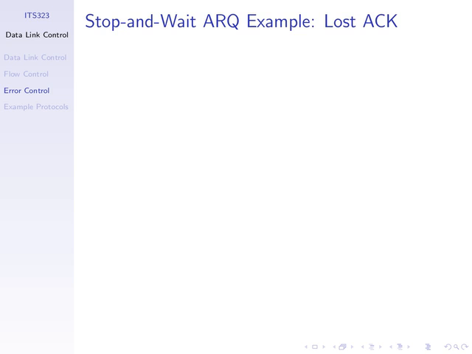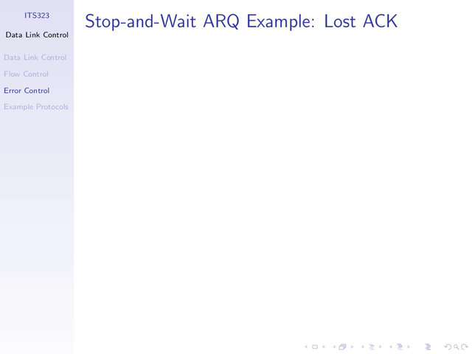Transmit that. Everything's okay in the data frame transmission. It's processed by B. B delivers the contents of this frame to the higher layer at B. So now data 1 is successful.